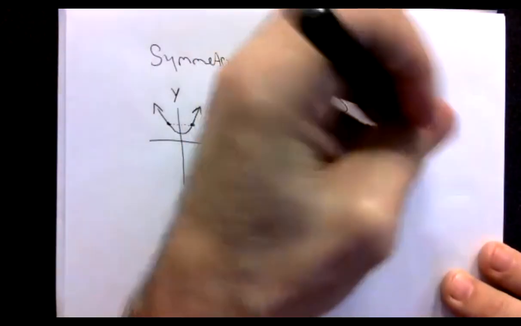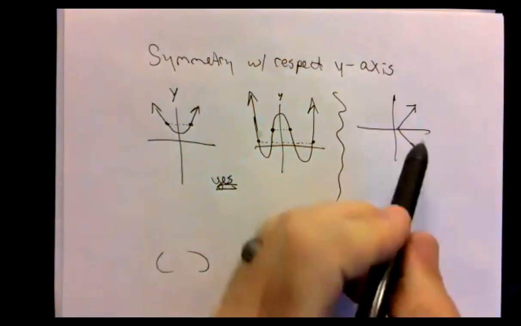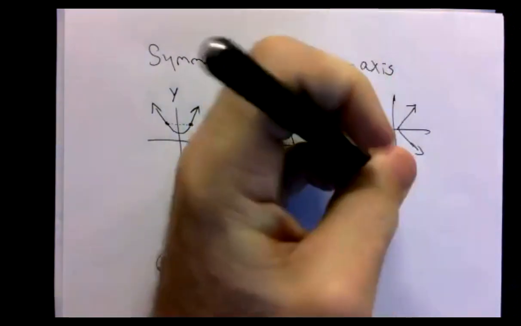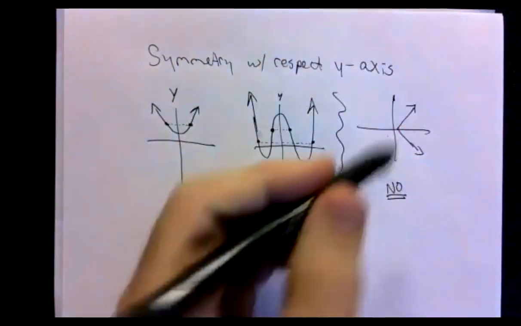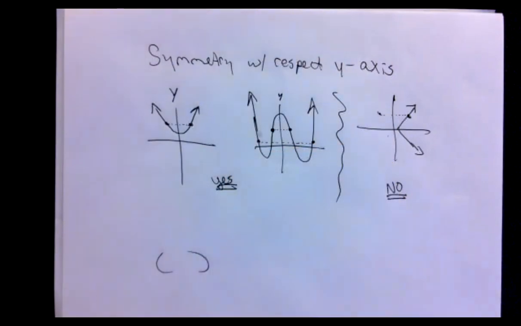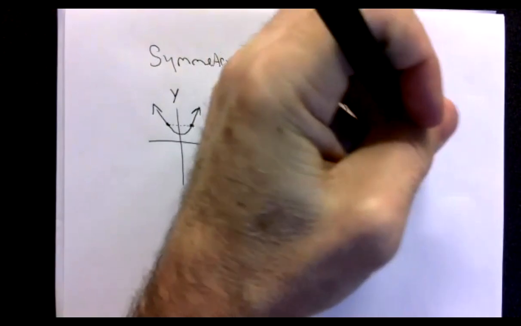And again, don't confuse that for symmetry with respect to x, because this has symmetry with respect to x, but not with respect to y. So again, if you match this point over the y, there should be a point over here. There clearly is not. This function goes in this direction.